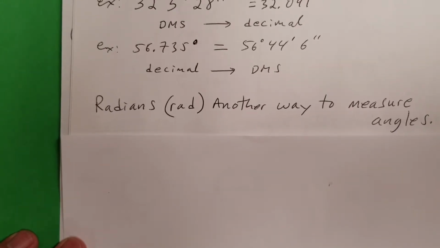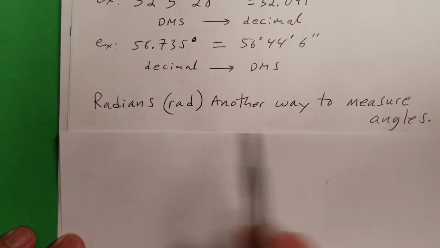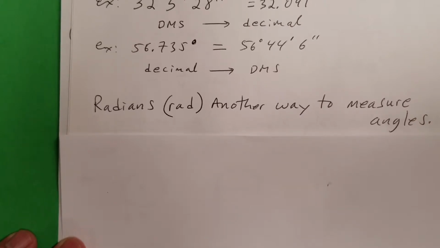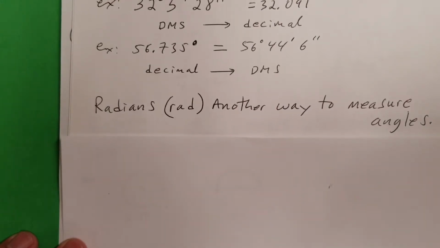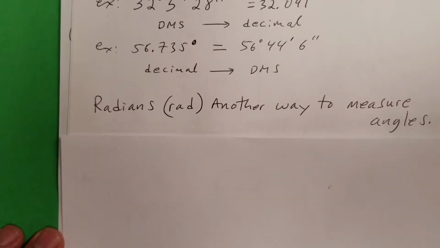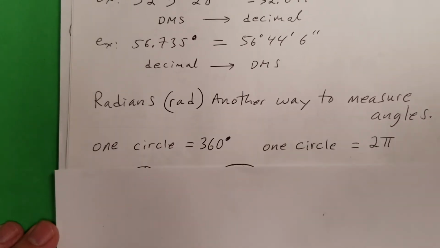But 90 degrees is in degrees, and in radians it has a totally different number. It's like a different language. Kind of like going from miles to kilometers or meters to yards. You're just switching over to another system. And I'll show you how to do that.